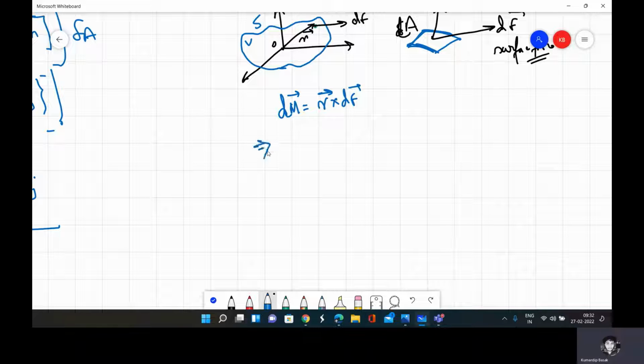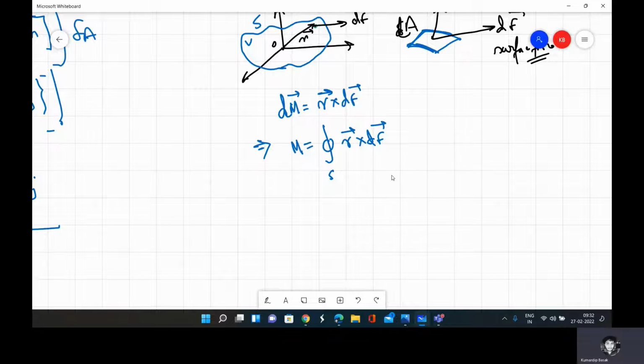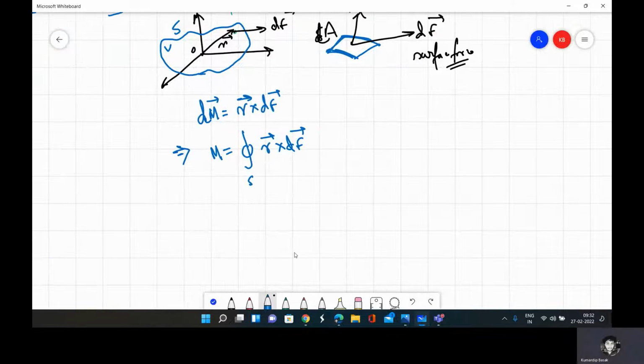It is just the surface integral of that, that is M is equal to the surface integral of r cross dF. Now if we write this cross product in terms of the index notation, we will be integrating over the surface S. For the cross product, epsilon ijk will come, into r_j.